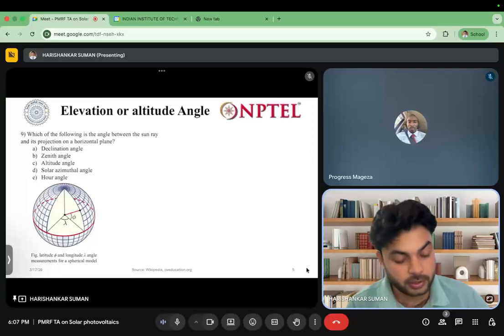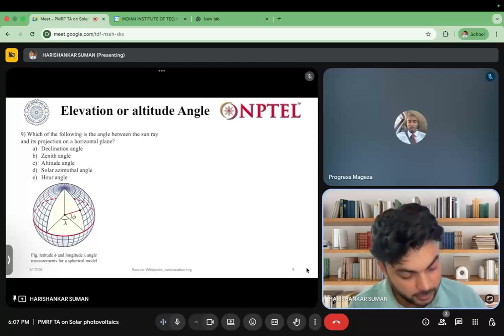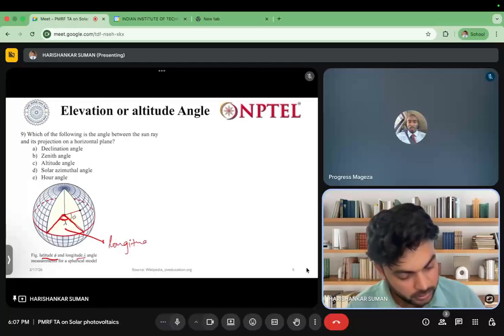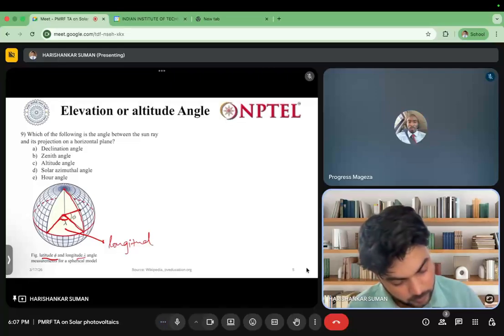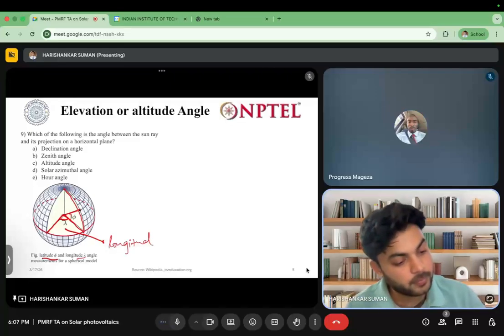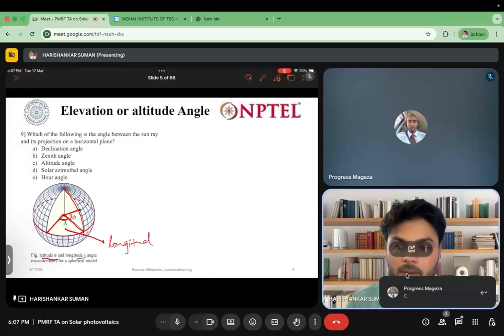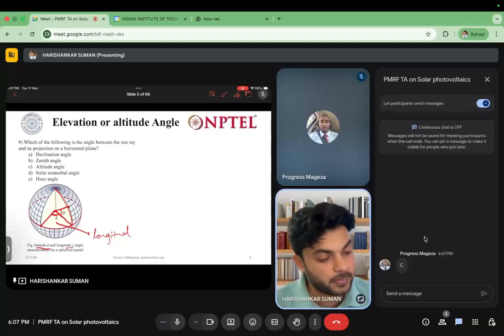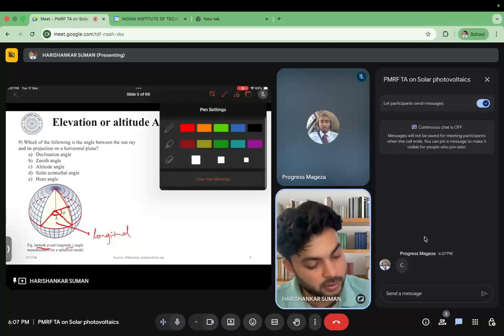Next we have discussed elevation or altitude angles. Altitude, you can see, this lambda is altitude, longitude is, sorry, this is longitude and latitude, this is this angle. Okay, so according to your option you can assign the answer.